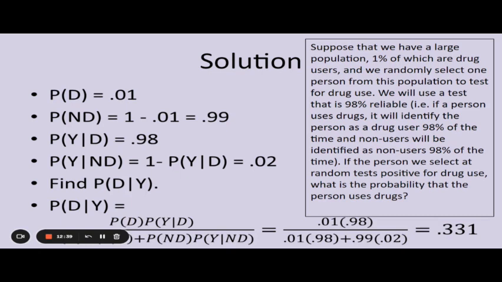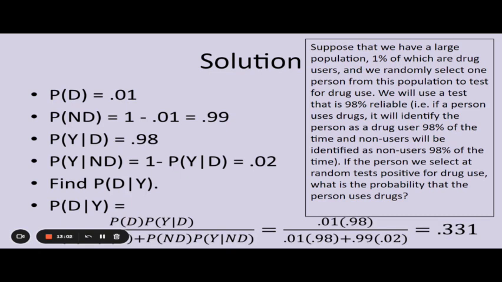Now, they didn't give us that, but they told us that 98% of the time a non-user will be identified as a non-user. So to find the probability that they will be identified as a user will just be 1 minus that 0.98. So that'll give us 0.02.